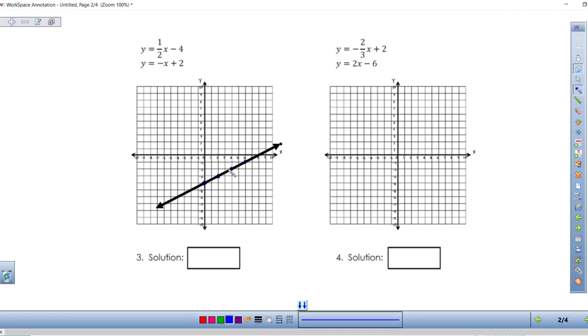Our next line starts at 2 on the y-axis. And if there's no number here, we can add a 1. So it's -1, and if there's no fraction, we can put over 1. Negative means we go down, so down 1 over 1, down 1 over 1, down 1 over 1.